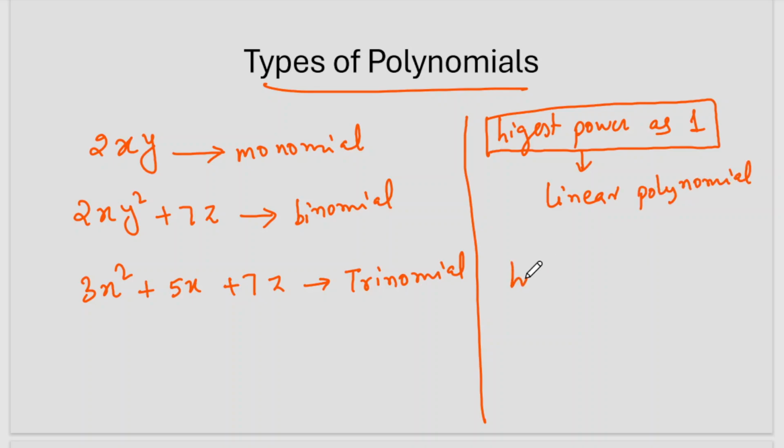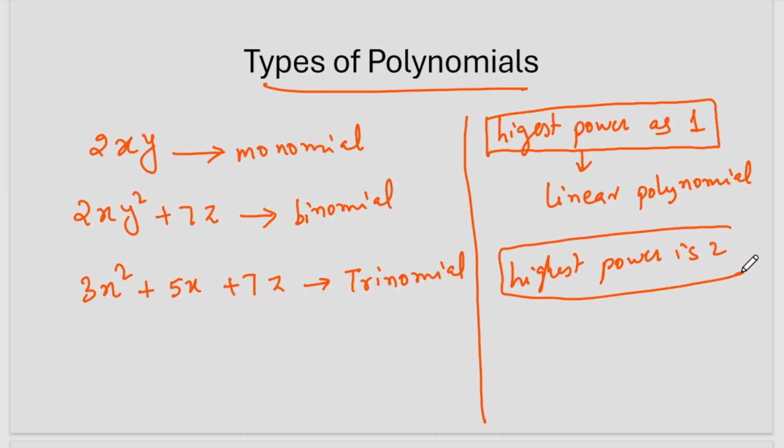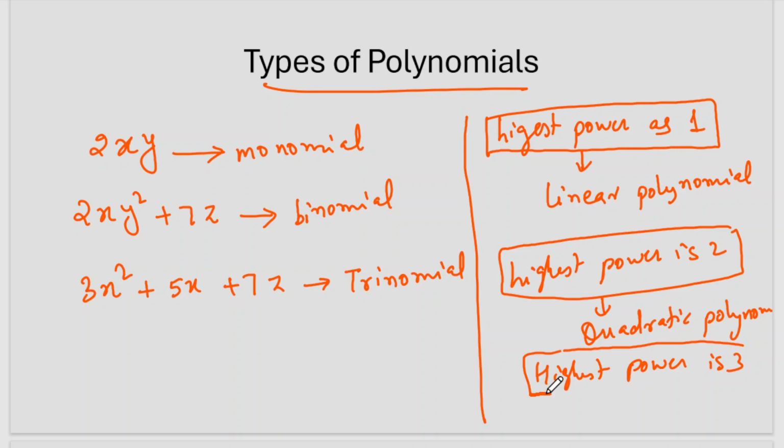If the highest power is 2, we will call it a quadratic polynomial. If the highest power is 3, we will call it a cubic polynomial. Simple.